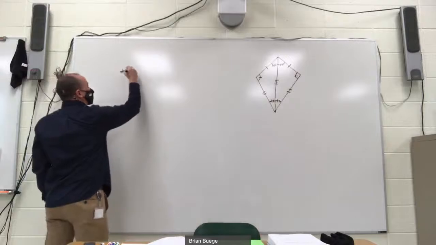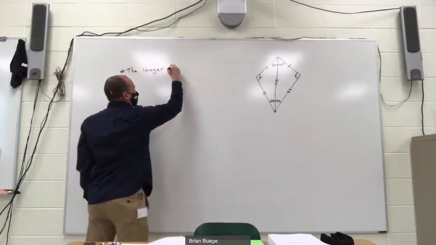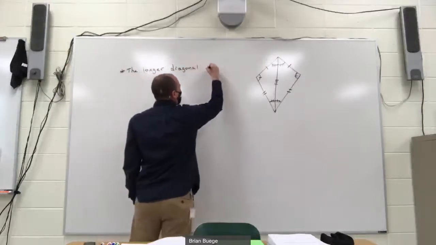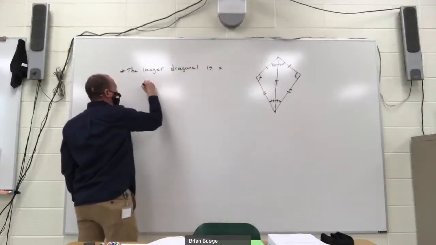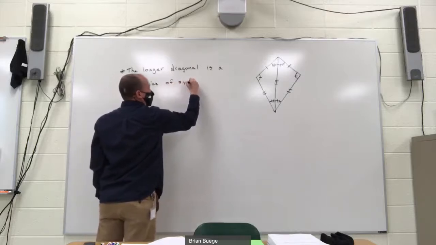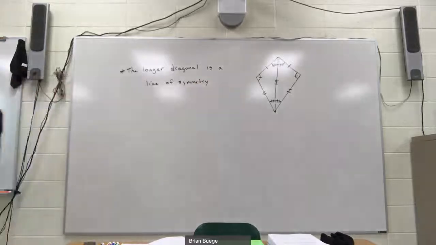Here it is. The longer diagonal is a line of symmetry. There's the number one property of a kite.